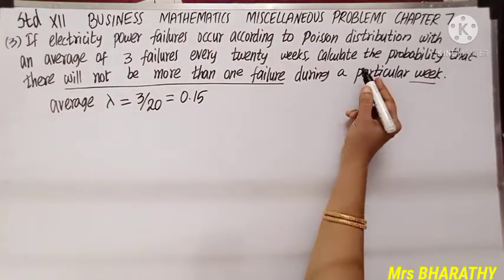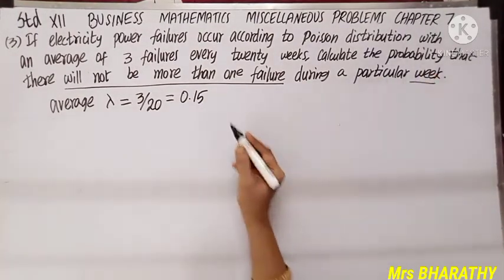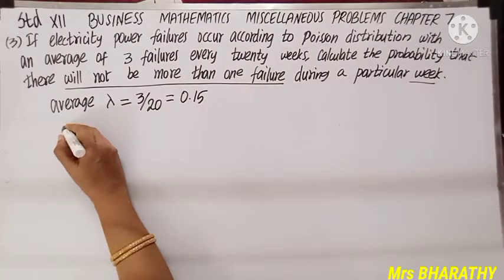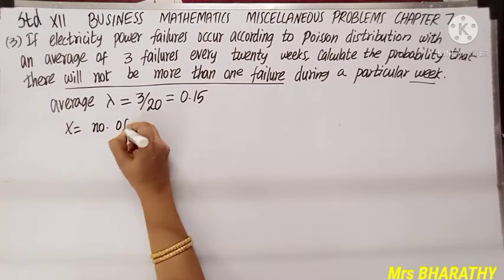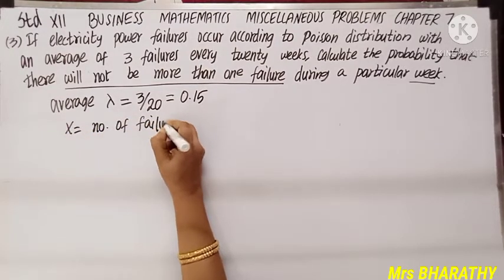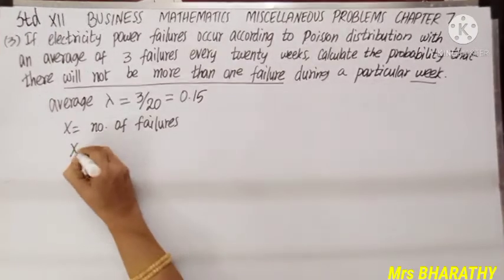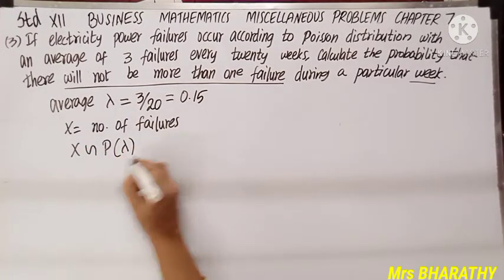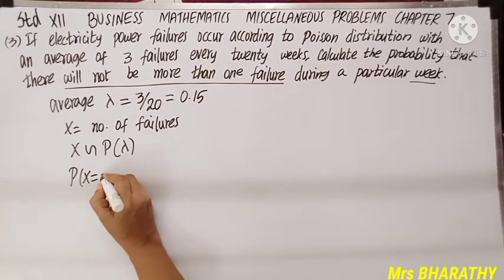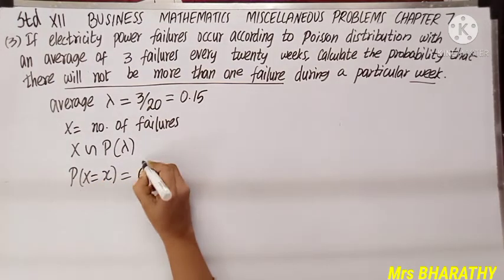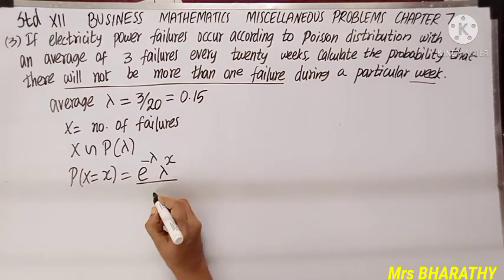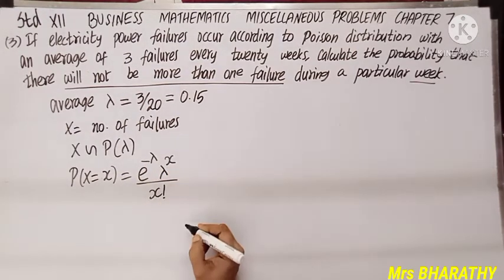The question is, calculate the probability of not more than one failure. So X is equal to the number of failures. Given X follows Poisson with parameter lambda. We recall the formula for Poisson distribution: e power minus lambda, lambda power x by x factorial.